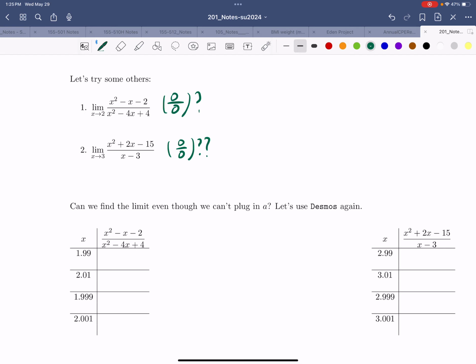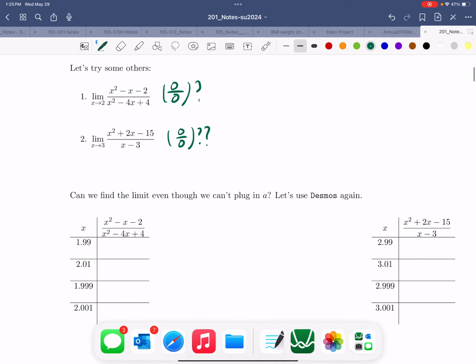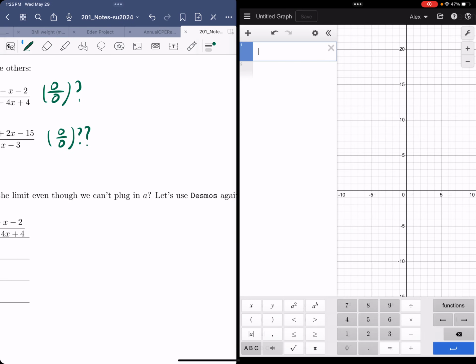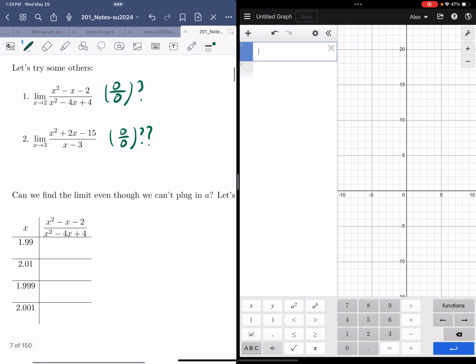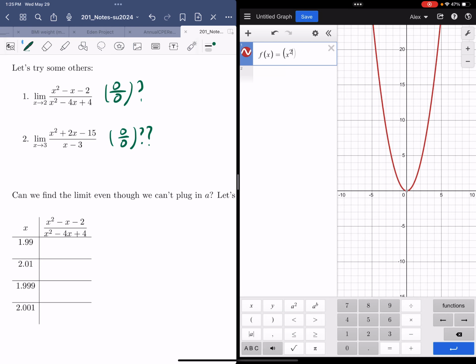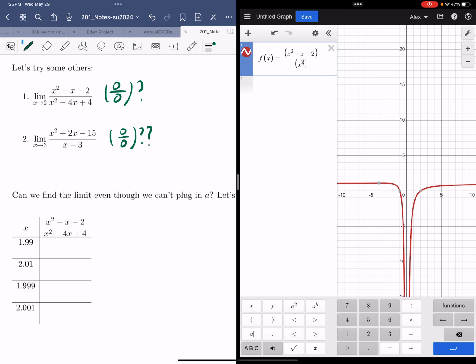Let's bust out Desmos again. All right, use a table, use a graph. Let's see what's happening. So if we open Desmos here, let's try the first one. We'll say f of x equals x squared minus x minus 2 divided by x squared minus 4x plus 4.